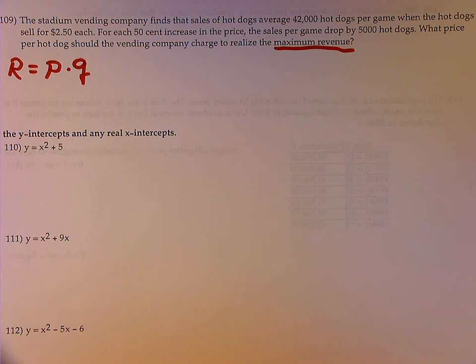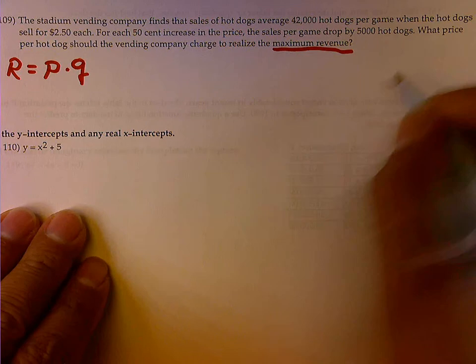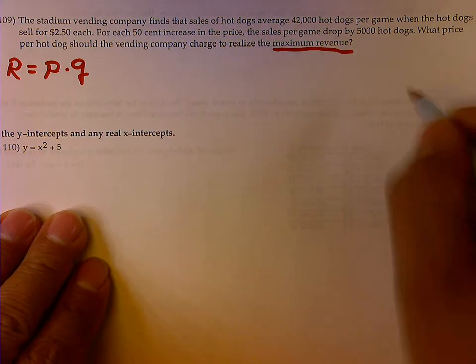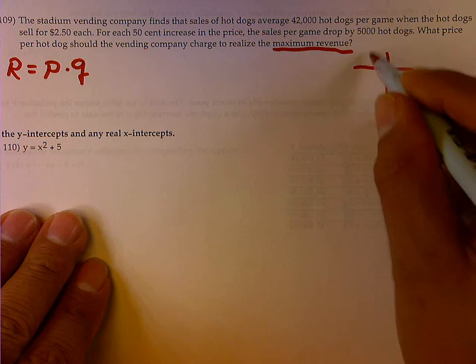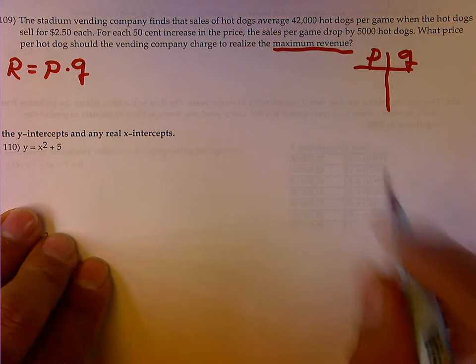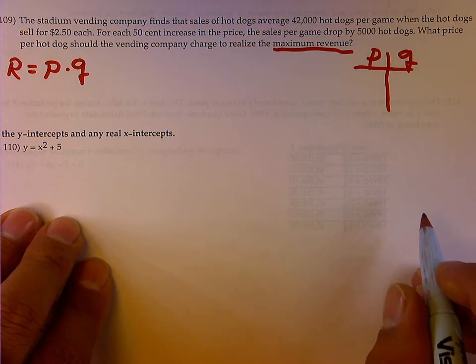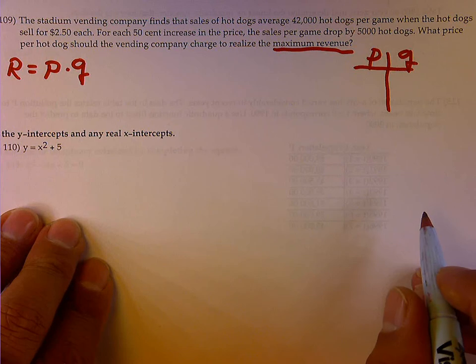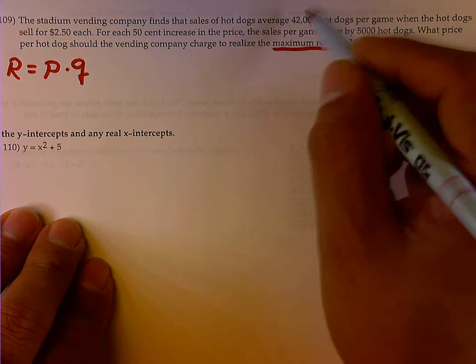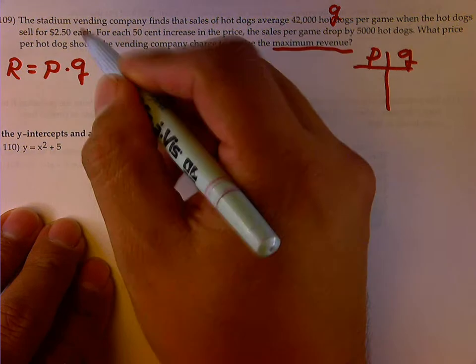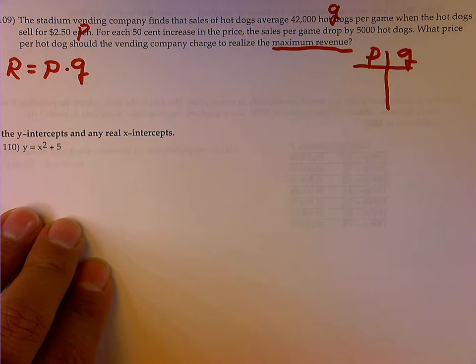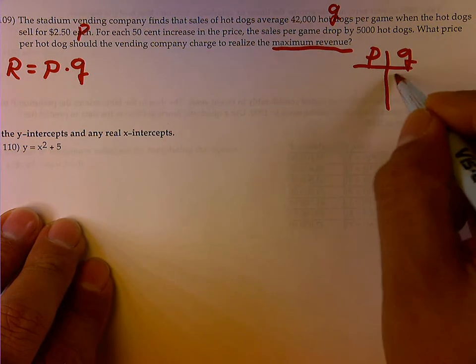What I am given is, let's look at this over here to the side. Price and quantity. So, can I make an equation between price and quantity? Well, let's find out. There was a quantity of 42,000 for a price of $2.50.